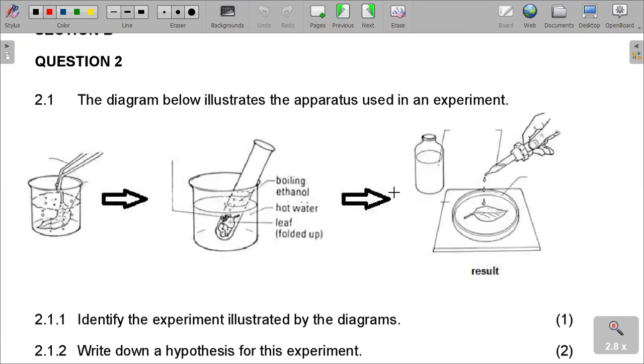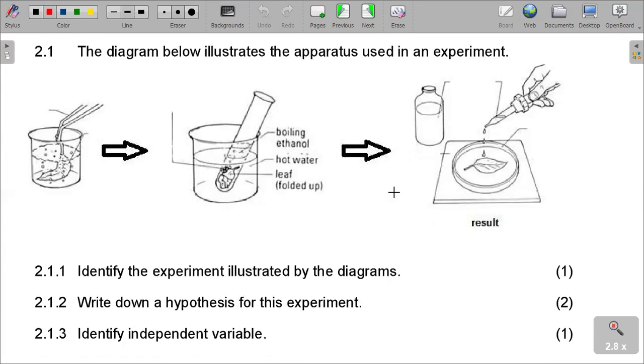Next is question 2, which shows the diagram that illustrates apparatus used in an experiment. In question 2.1.1, we have diagrams showing boiling ethanol, hot water, a leaf folded there, and then results.